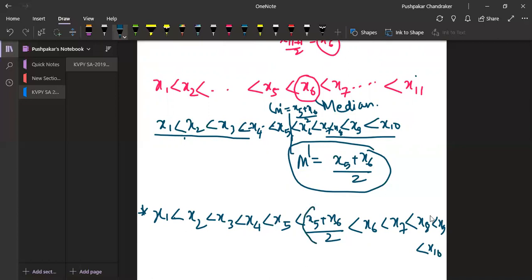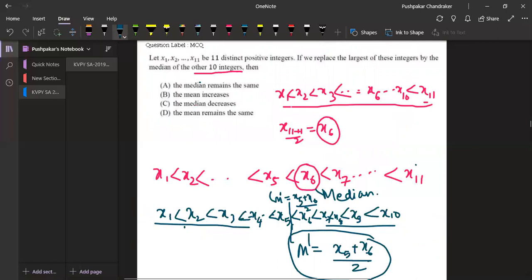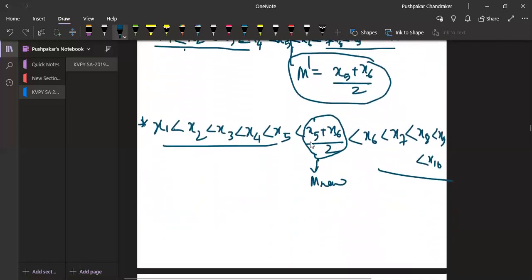Now you can see there are 11 numbers. The center term is this fellow, m dash. You can check: 5 numbers on one side, 5 numbers on the other. So this is the new median for this set of data. Now what happened to the median? Before, the median was x6. Now the new median is (x5 plus x6) by 2, which is definitely less than x6, because x6 is greater, so (x5 plus x6) by 2 will lie in between.